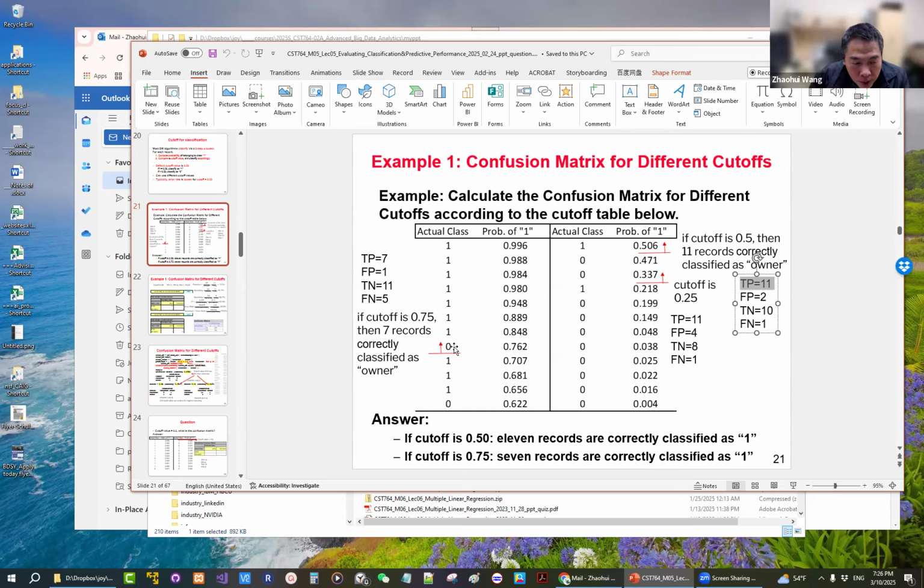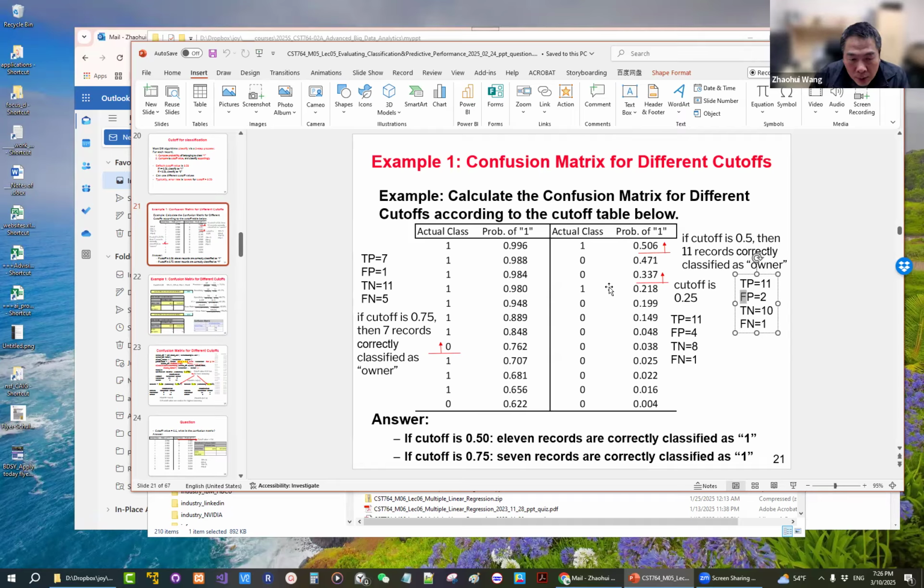For these two cases, the output is positive, the predicted value is 1, but the actual value does not match the predicted value. So they are false, false positive. There are two cases. I understand that, yeah, that's the meaning.